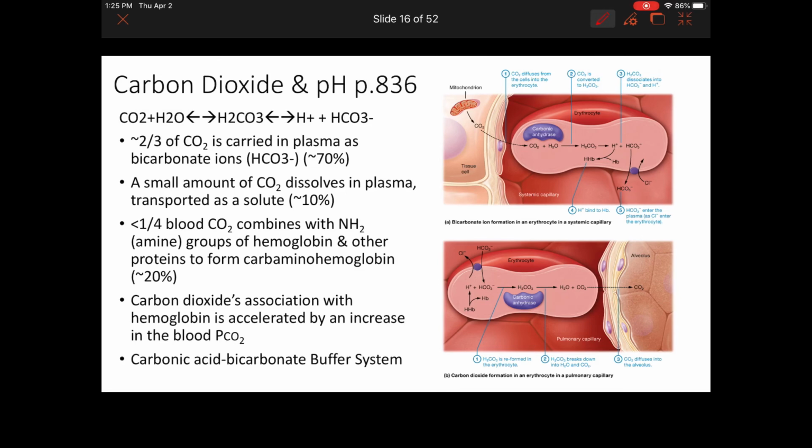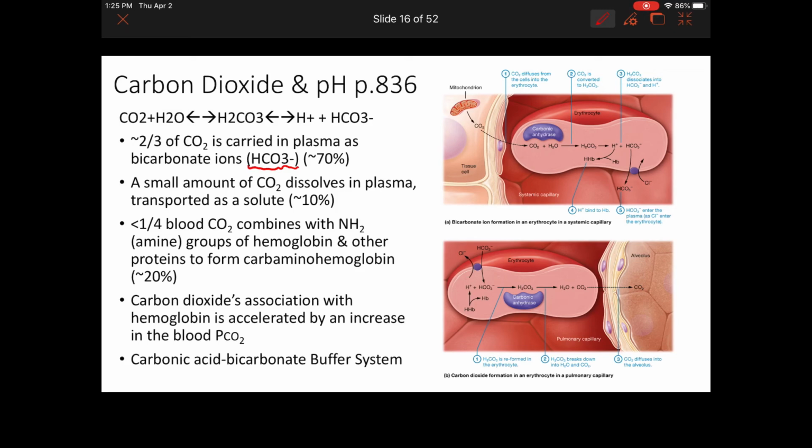About 70% of carbon dioxide is carried in the plasma, in the form of a bicarbonate ion complex. So most of the carbon dioxide that's generated by cells travels in the plasma as bicarbonate.